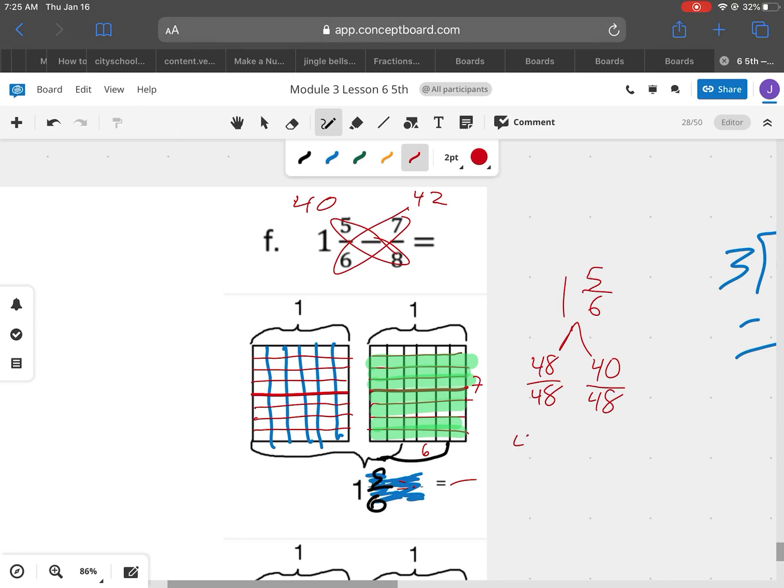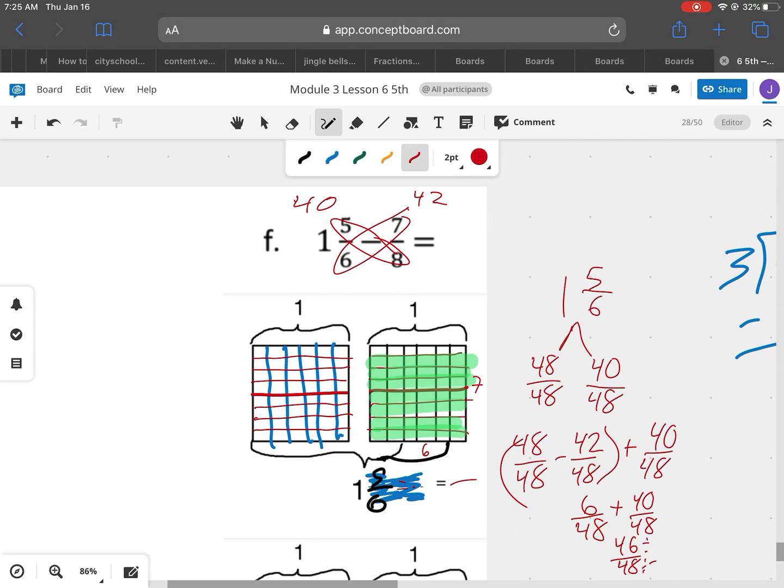Okay, so now we're going to do the 48 48ths minus the 42 48ths, and then we're going to add our 40 48ths. All right, so now we have 6 48ths plus 40 48ths, and that's going to give us our 46 48ths. And some of you can see that we can divide these by 2, which will give us our 23 24ths.